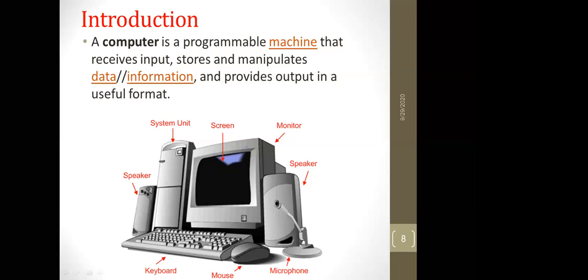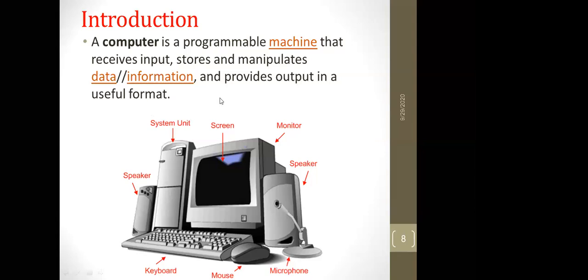Very good. Central processor, main processor, very good. Right. Motherboard, right?